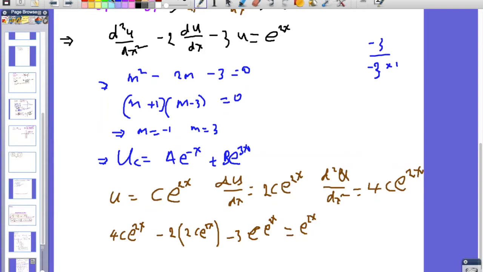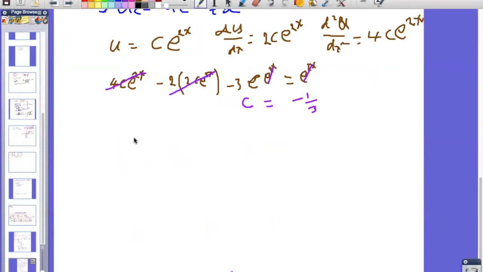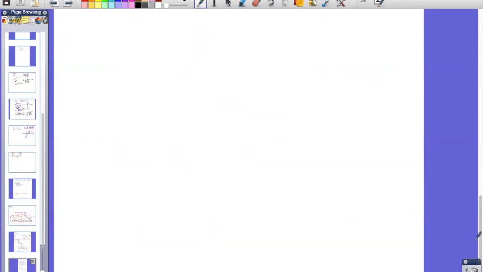And so this cancels out with that. So we can cancel out the e raised to the power 2x. This means that c is equal to -1/3.